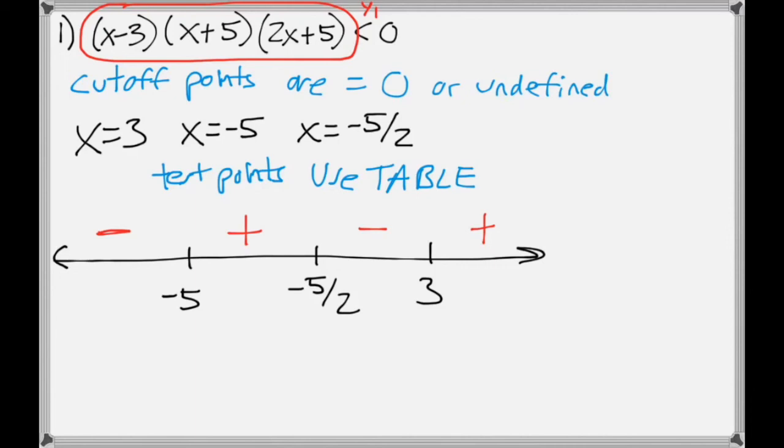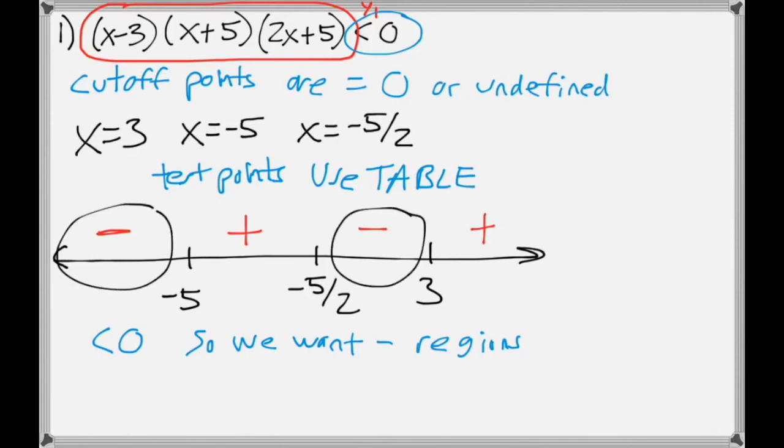If you look back at the original question, it says that we're looking for where it's less than 0. Less than 0 means negative. So we want the negative regions. My answer would be this region and this region.